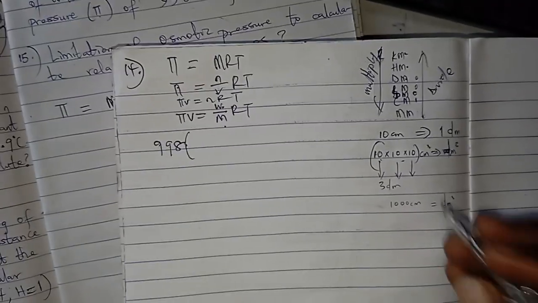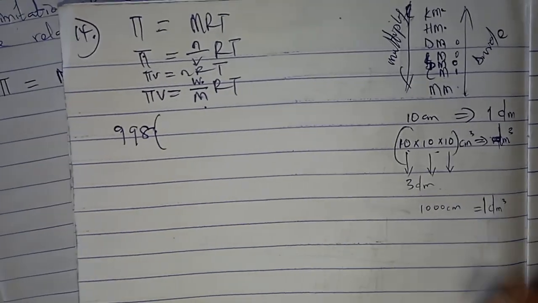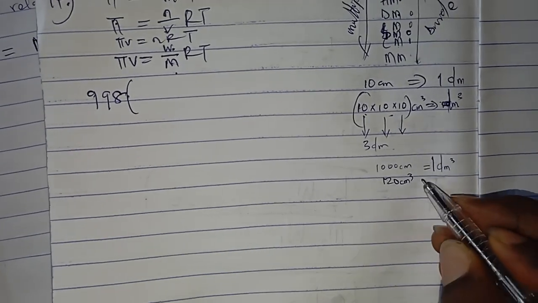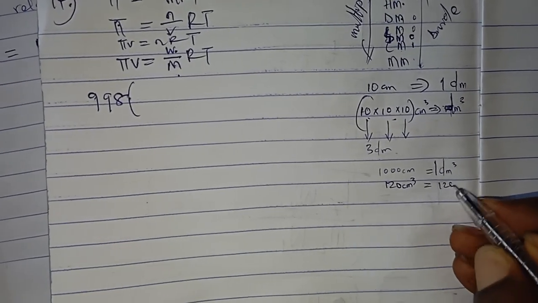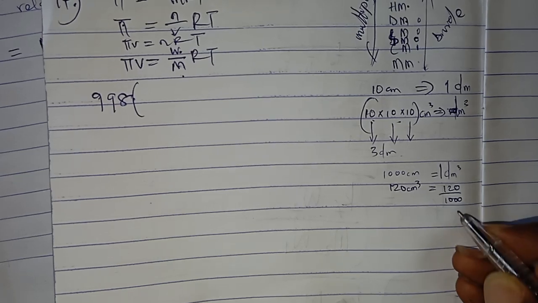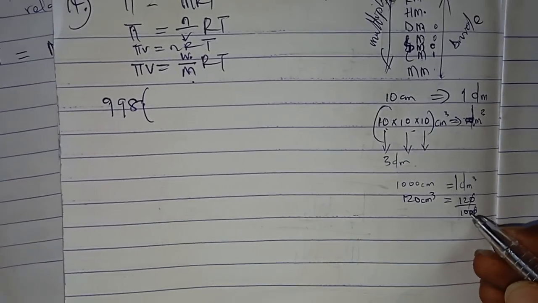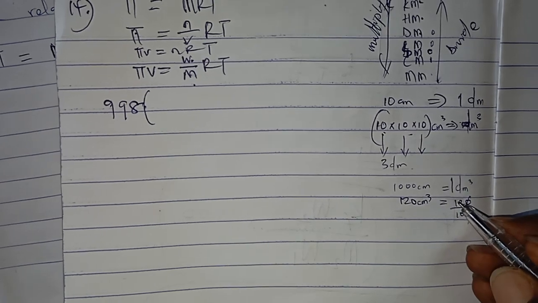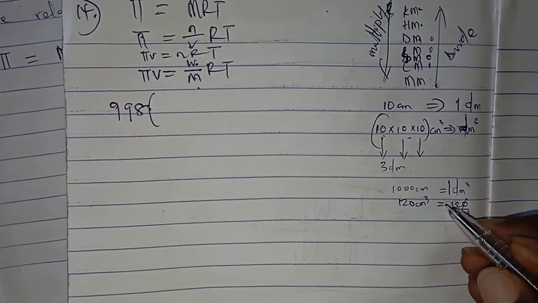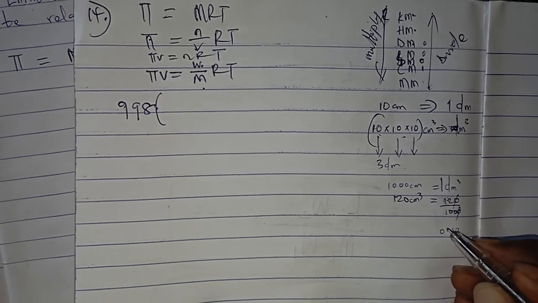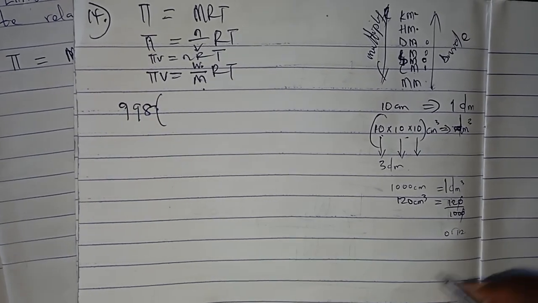I know that 1000 centimeter cube is equal to 1 decimeter cube. So assuming the 120 centimeter cube given to me, I want to convert it to dm cube, I'll simply do 120 divided by 1000, which gives me 0.12.